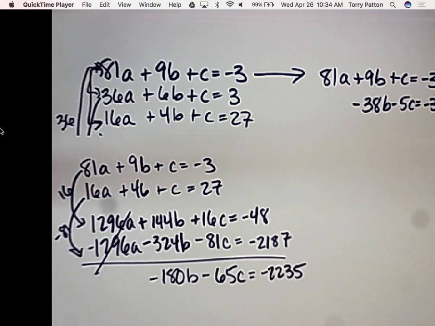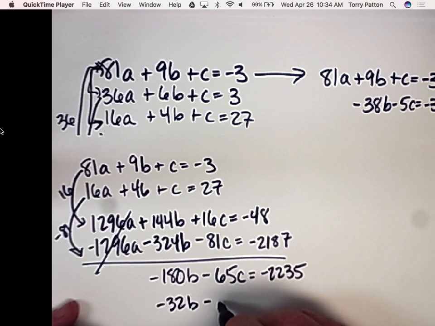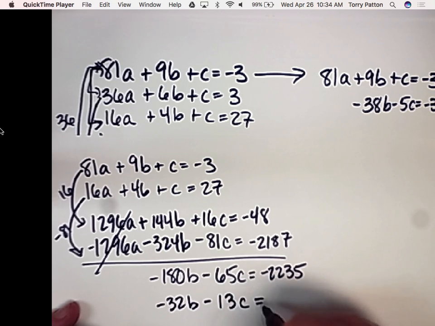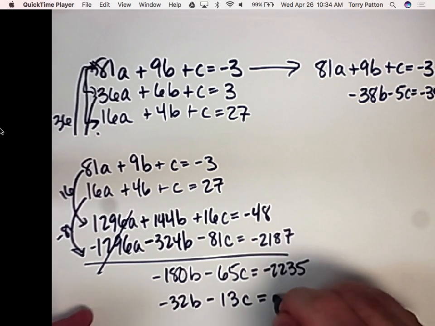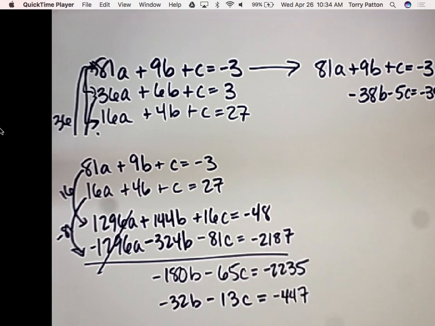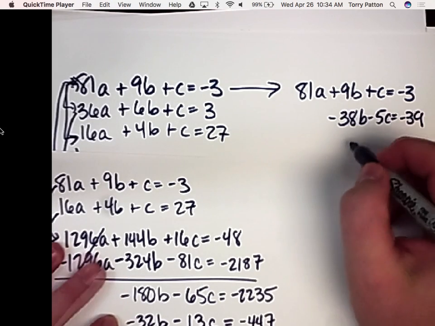Okay? Now 5 goes into all those, and we get negative 36b minus 13c equals negative 447. So that is your new third equation.